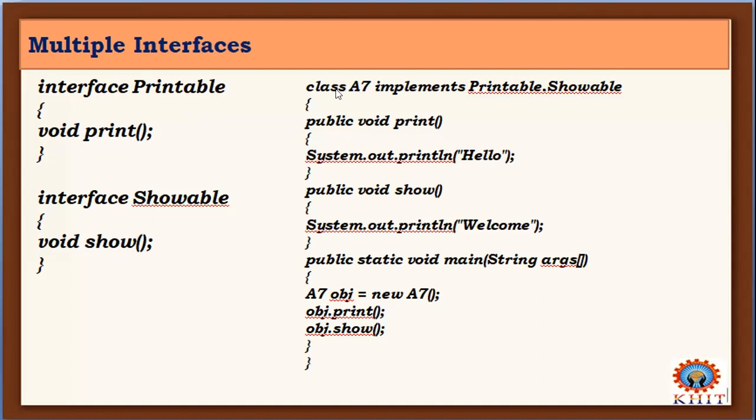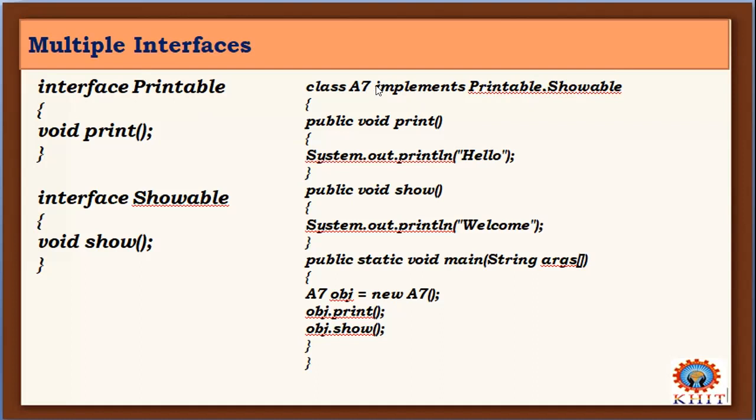Now, in the right-hand section, there is a class called A7, which implements the Printable interface and the Showable interface. A7 is a class which implements two interfaces. Whenever it implements, that means these two interfaces are applicable to this class A7. So how do we show the relationship between the class and the interface?